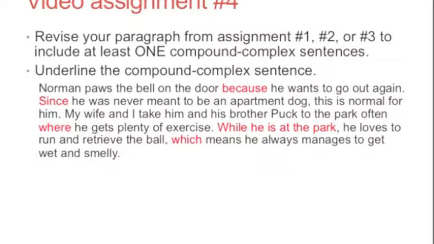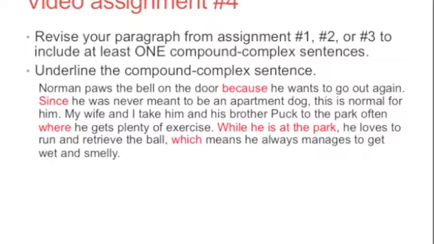Okay, so here is my paragraph from assignment 3 from the lesson on complex sentences. So you can see there all the words in red, I think one phrase highlighted in red there. Those all indicate and set up dependent clauses. I don't think I need to reiterate that lesson for you. If that doesn't make sense, then I encourage you to go back and listen to and watch the lesson on complex sentences.